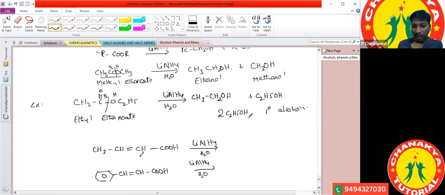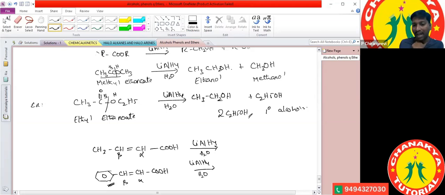This is the alpha carbon atom, and this we can call the beta carbon atom. The carbon attached to the functional group is called alpha. Now, if the beta carbon atom is attached with a phenyl group, lithium aluminum hydride reduces the functional group as well as the double bond.